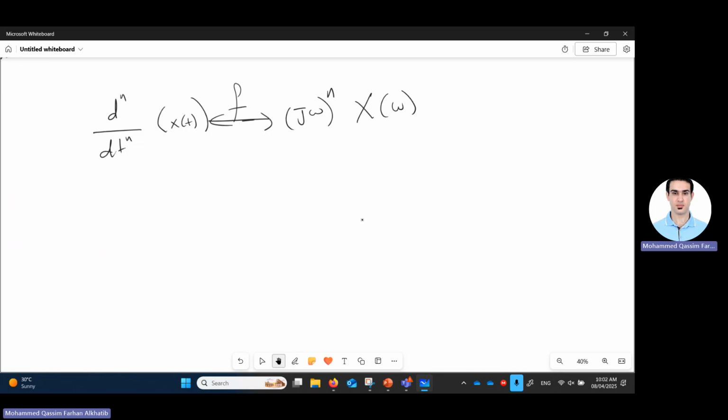So when you take the first derivative, you multiply by j omega. When you have the second derivative, you multiply by j omega squared, which is negative omega squared. When you get the third derivative, you multiply by j omega cubed, and so on. This one will help us in solving differential equations.